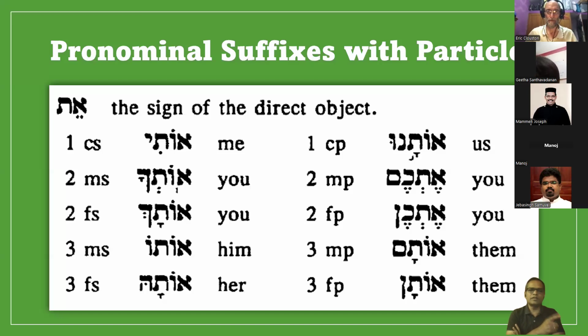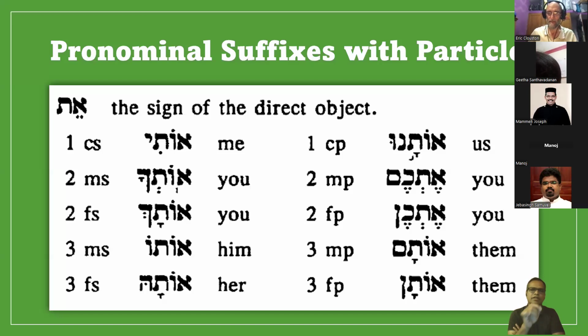But in some places, you will see that the object marker also will receive the pronominal suffix. When the object marker is receiving the pronominal suffix, please note, the object marker, which is just an element to mark the object, will become the object itself.